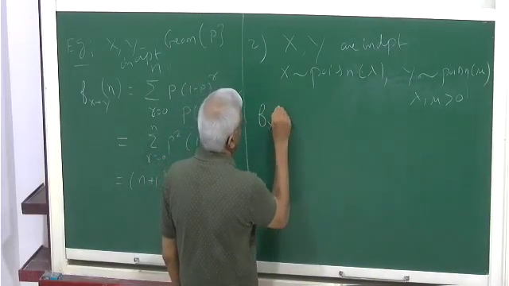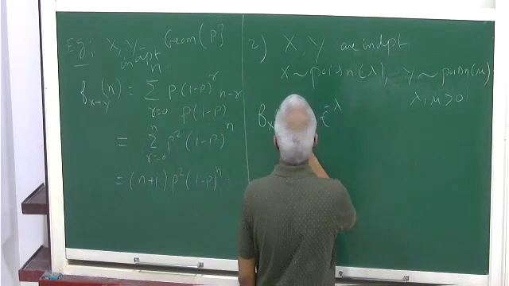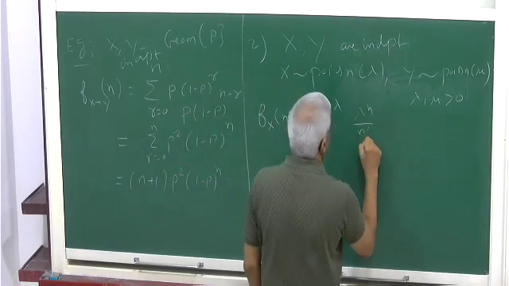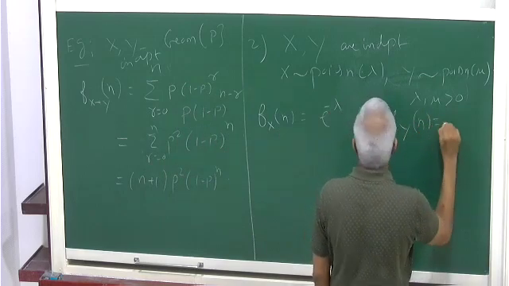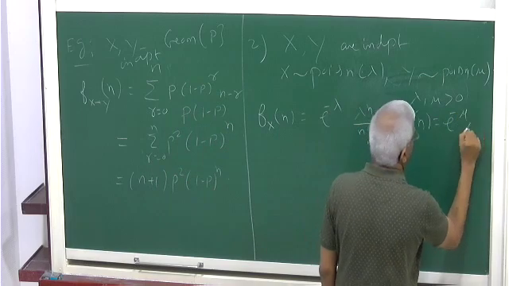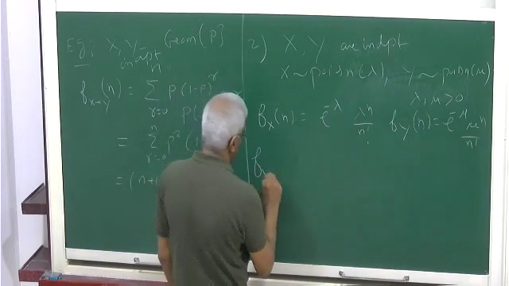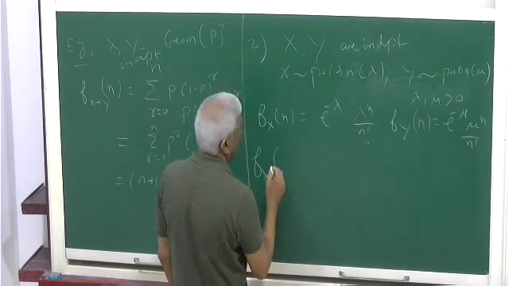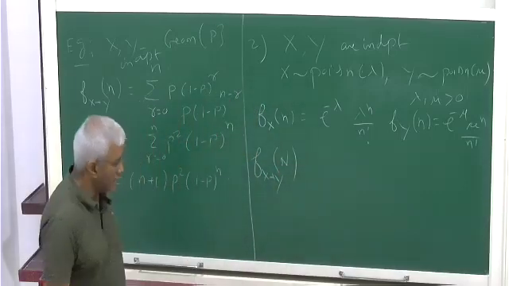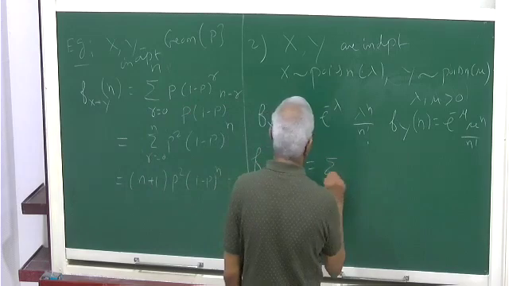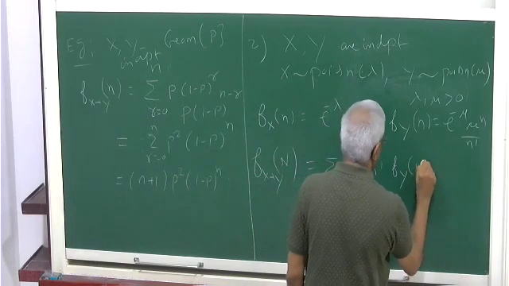We know f x at n is equal to e power minus lambda, lambda power n by n factorial, and f y at n is e power minus mu, mu power n by n factorial. Then f of x plus y at some capital N is equal to the summation of f x at n times f y at N minus n.